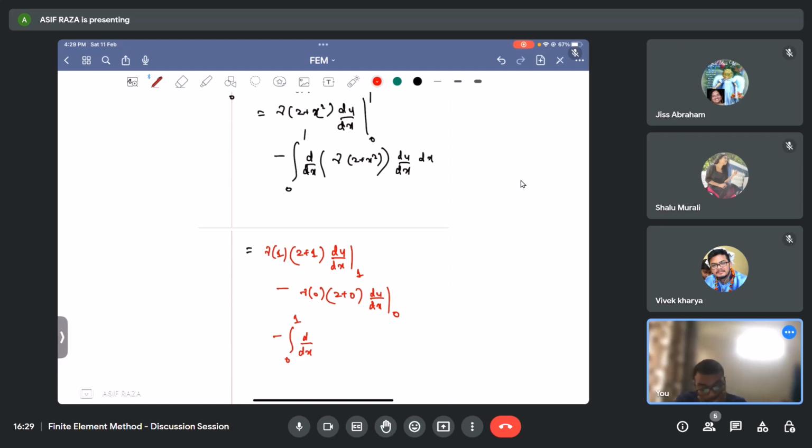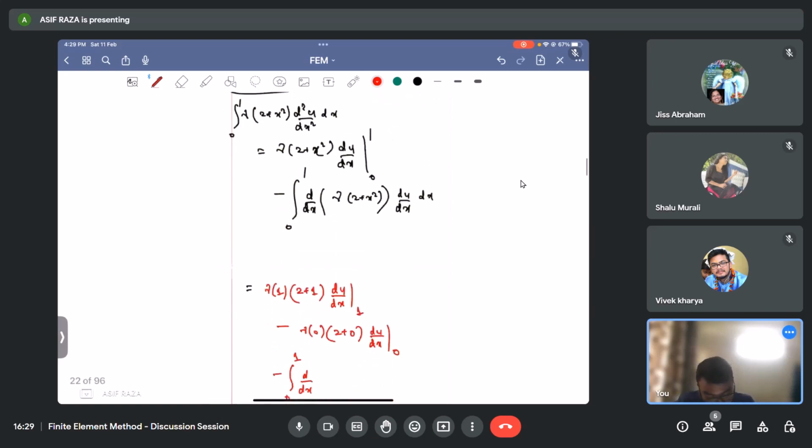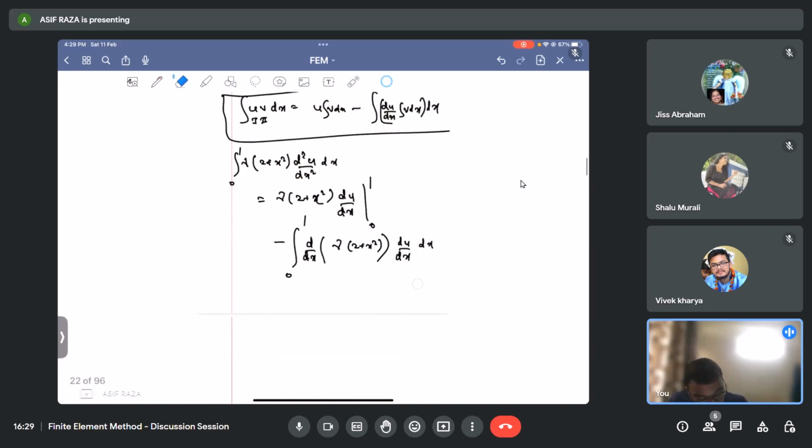Should I substitute? I better leave it at this point only. Let it be equation 1.